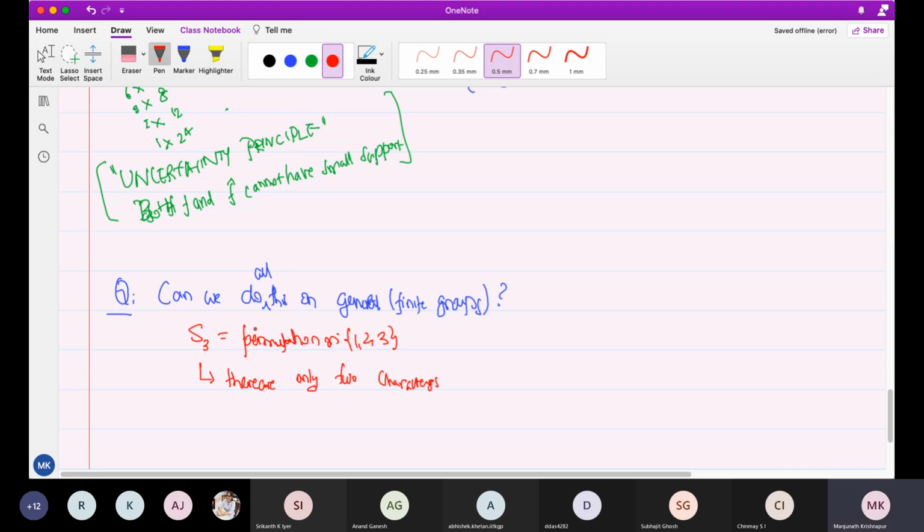To get a full basis, we need 6 characters, but there are only 2 characters. Anyone who wants to try as an exercise is welcome to, but I will stop here.